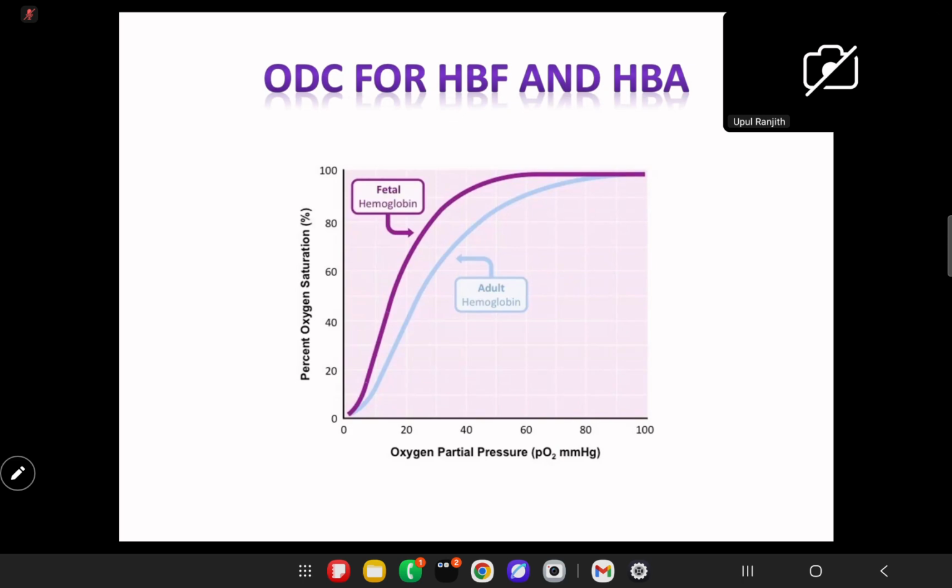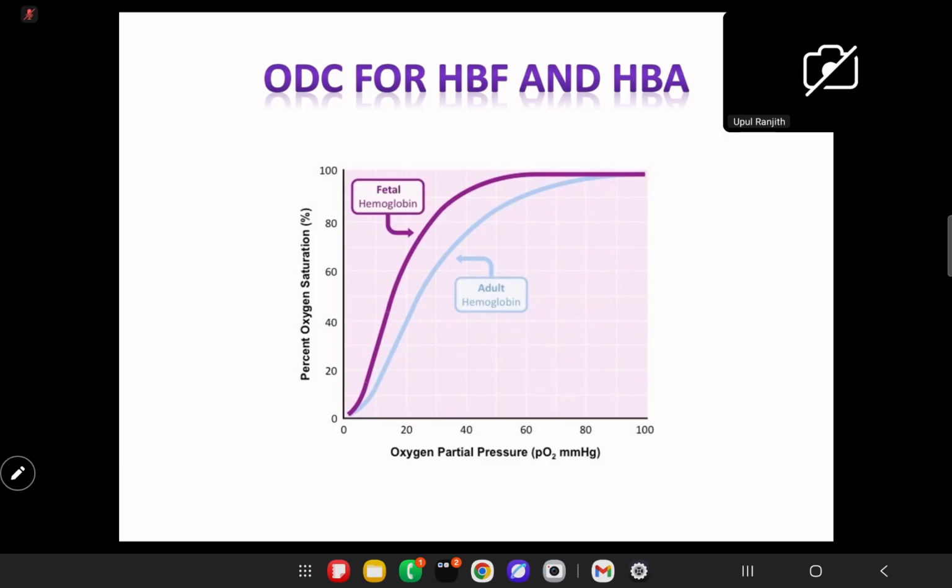Now, from here, you can see the dissociation curve for the adult hemoglobin and the fetal hemoglobin. Therefore, fetal hemoglobin has higher affinity, but with the uploading of the carbon dioxide to the maternal side, the maternal ODC will shift to the right at the placenta, and the fetal hemoglobin, because of the unloading of carbon dioxide, will move further to the left.